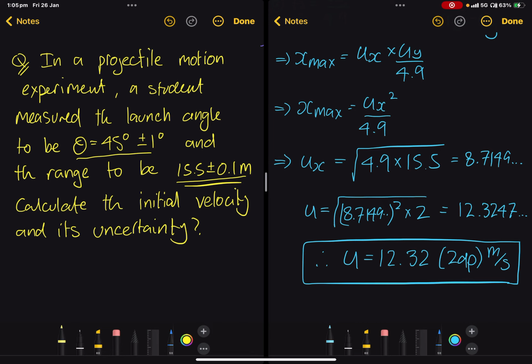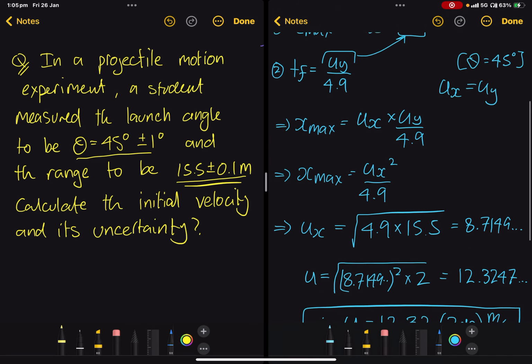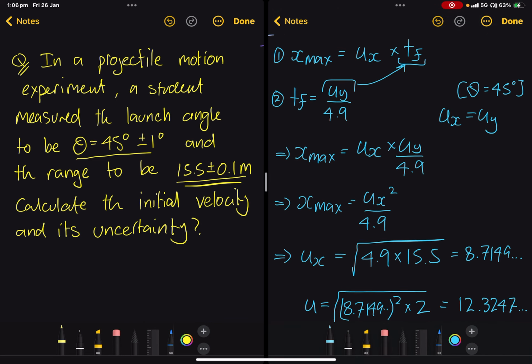Now we have a slightly more difficult part. Now we have to deal with the fact that this initial velocity has some uncertainty associated with it. If we think about the theta angle, if the theta angle was higher, so if it was 46 degrees or if it was 44 degrees, these are obviously not to scale, this will affect the range.